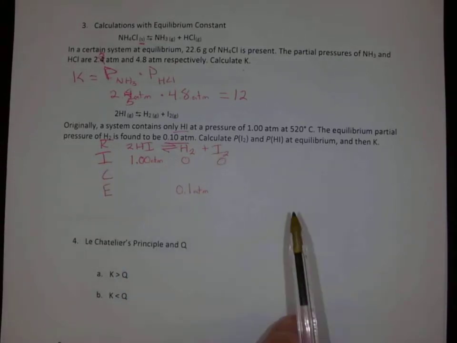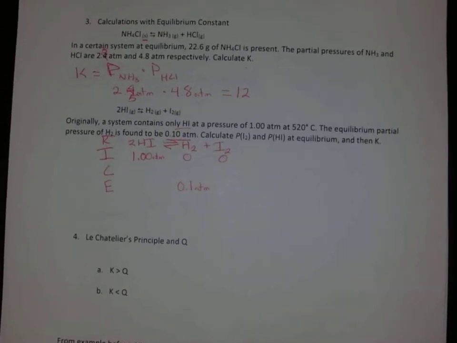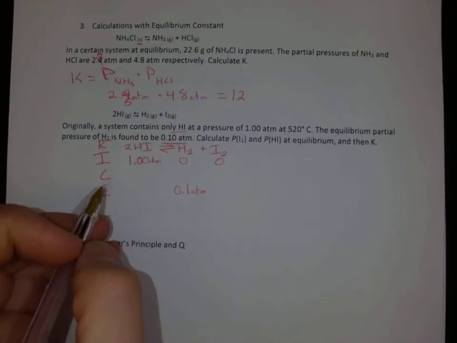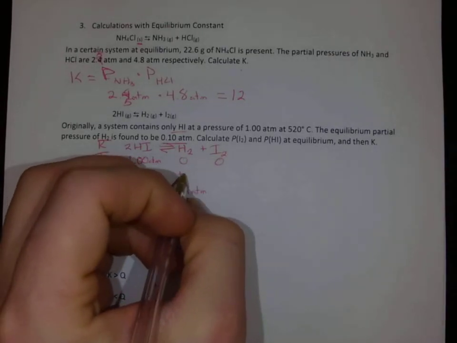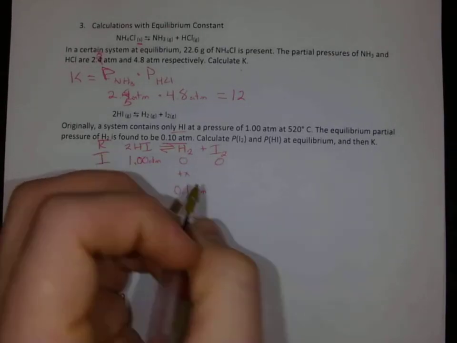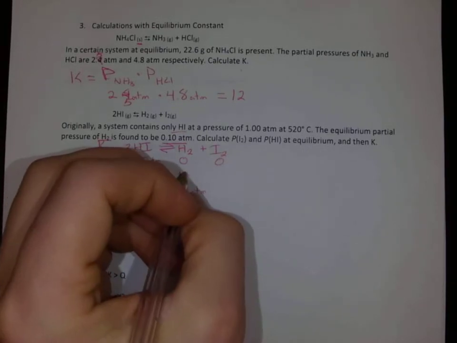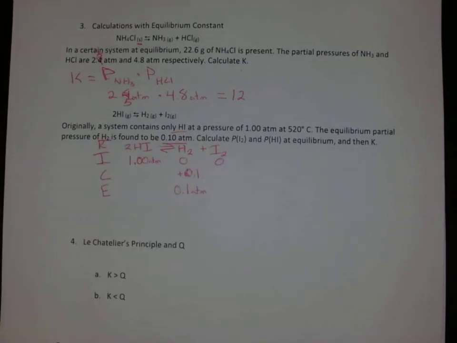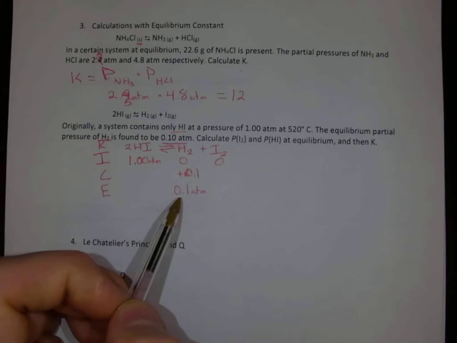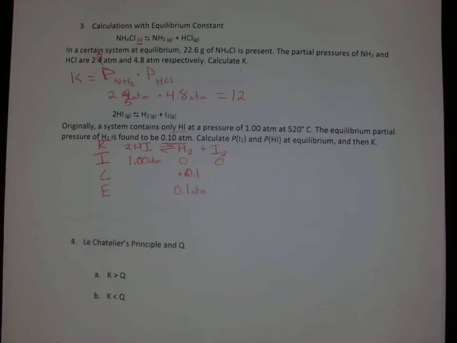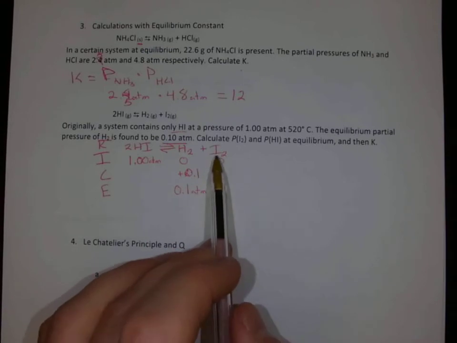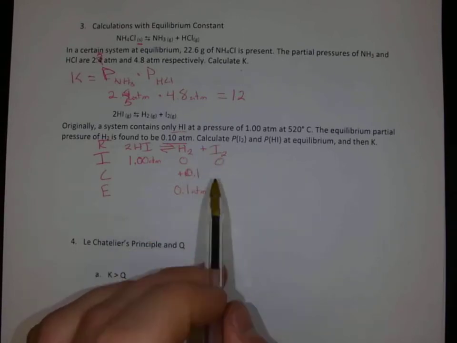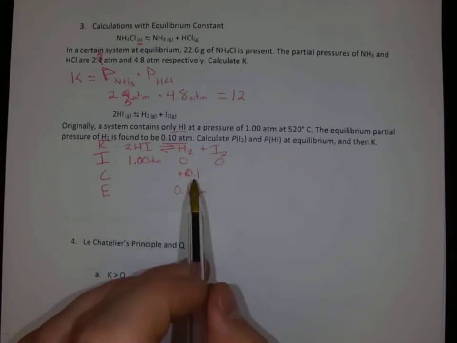We have to calculate our other two partial pressures at equilibrium and then calculate K. So our first thing to realize is that our change here, we gained H2, that's really plus X. That X is, in this case, 0.1. We go 0 to 0.1, our change is 0.1. So we gained I2 the same amount as we gained H2.